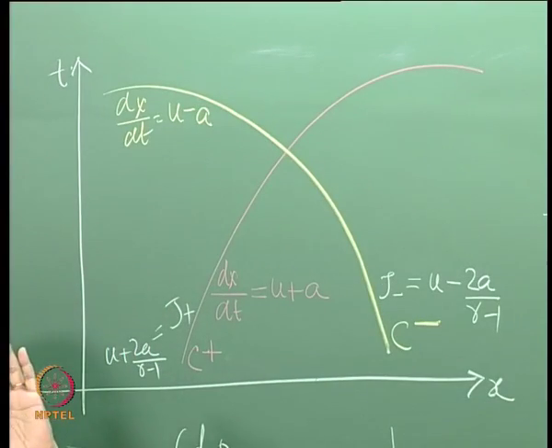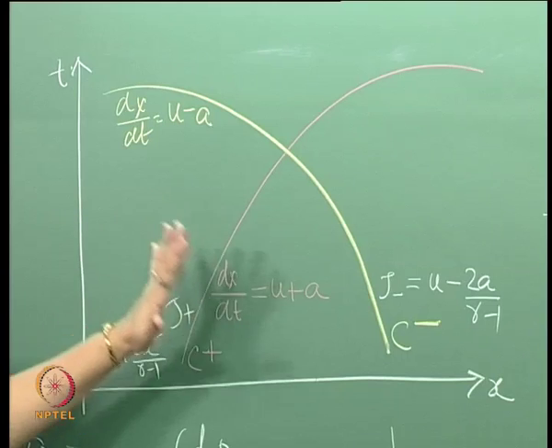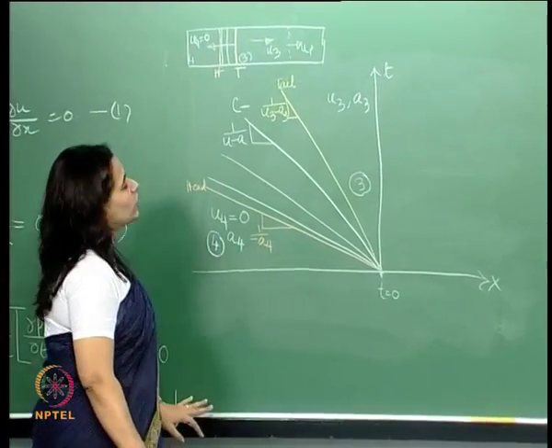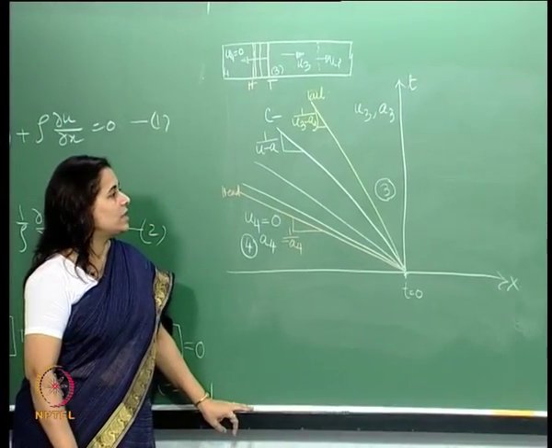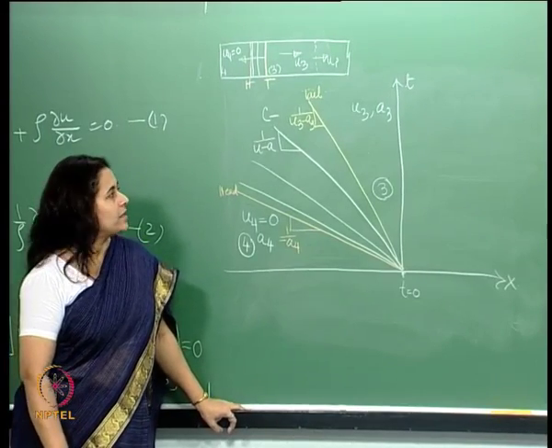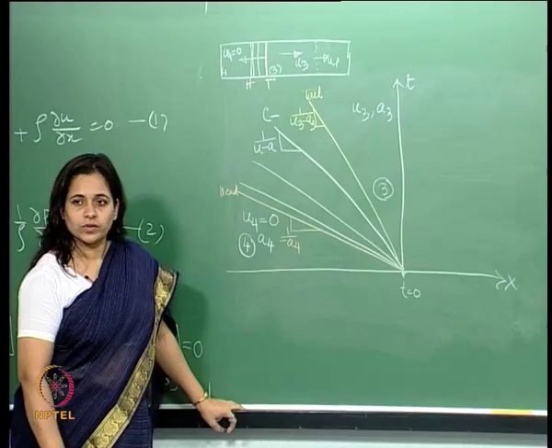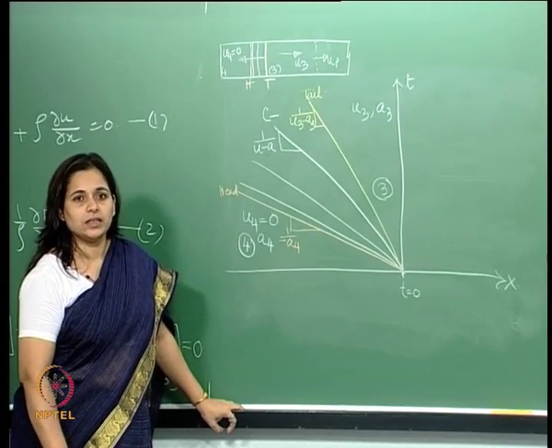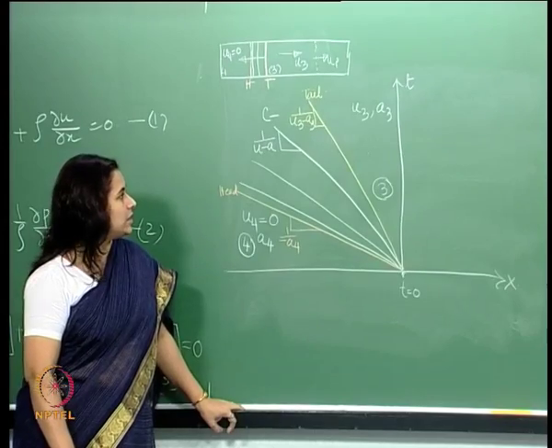These are just lines. Therefore, we drew these arbitrary curves. Here, however, I have drawn straight lines and I am calling them C minus characteristics. So, the first thing we need to do is prove that it is indeed a straight line.